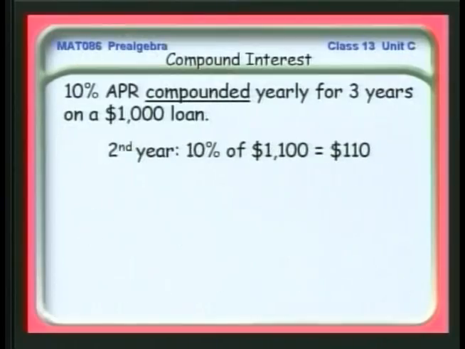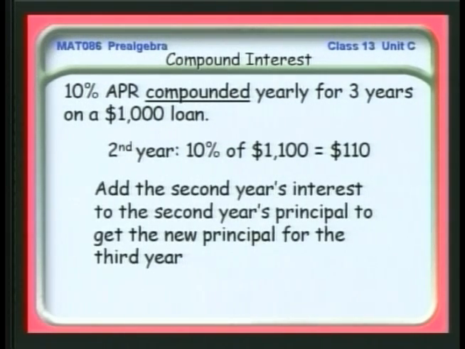So our principal for the second year would be $1,100. Then 10% of that is $110. At the end of the second year, for that year, we would have a $110 interest due.